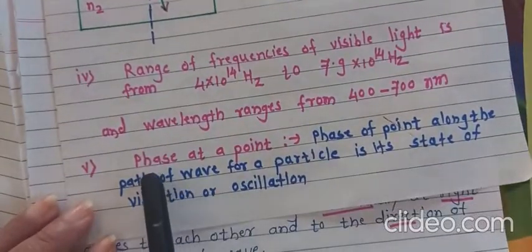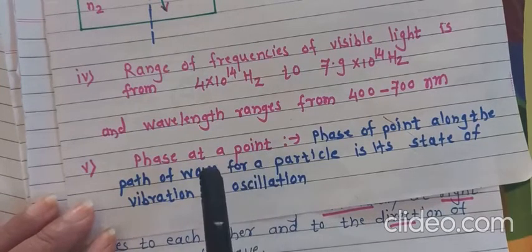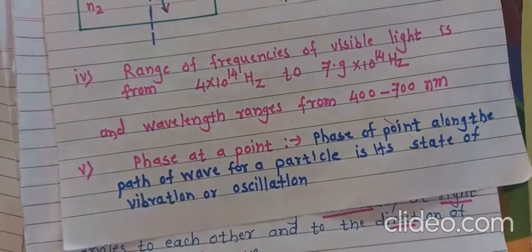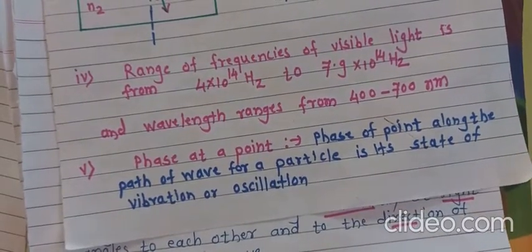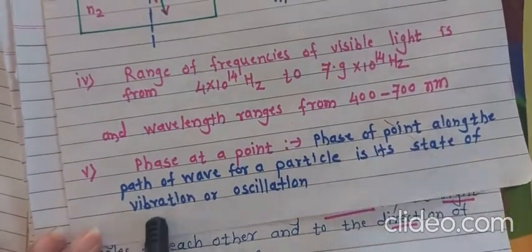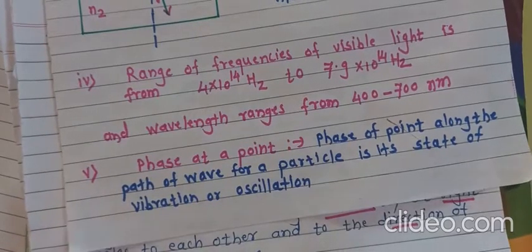Next is phase at a point. The phase of a point along the path of a wave, for a particle, is its state of vibration or state of oscillation.